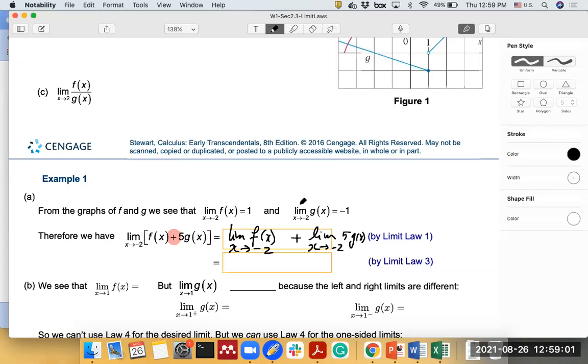Then what should we do? Yeah, it is a constant multiplied by a function g, right? So we use the third law. So it would be this. Let us rewrite it.